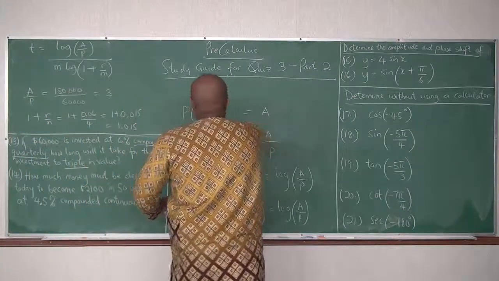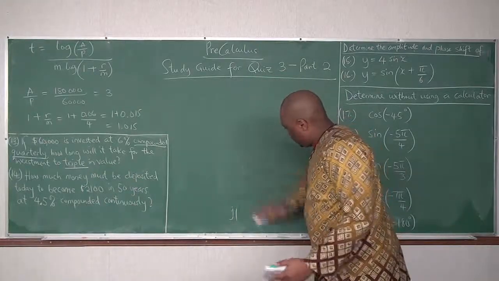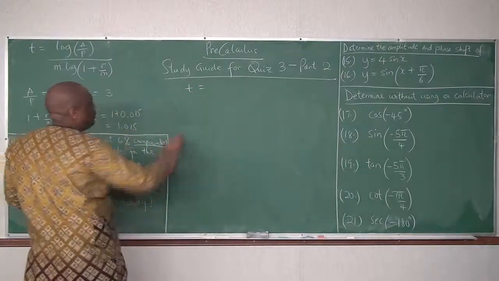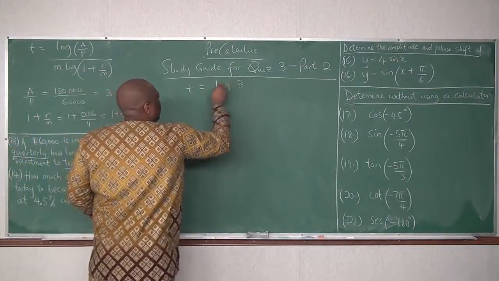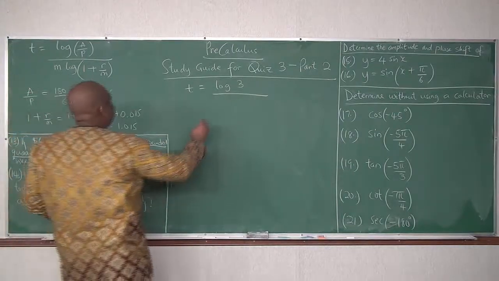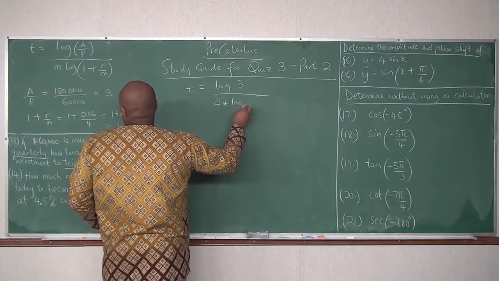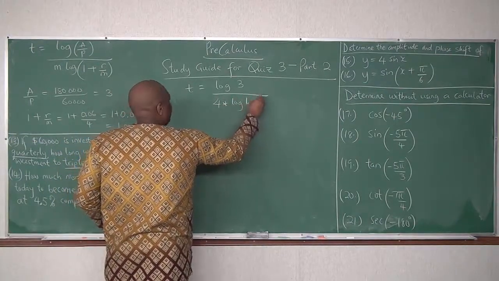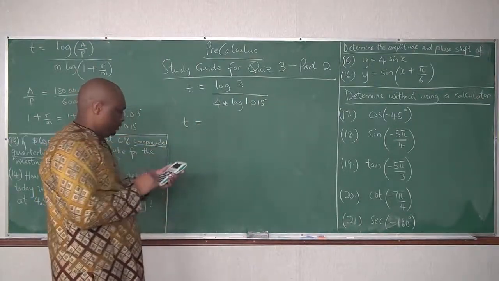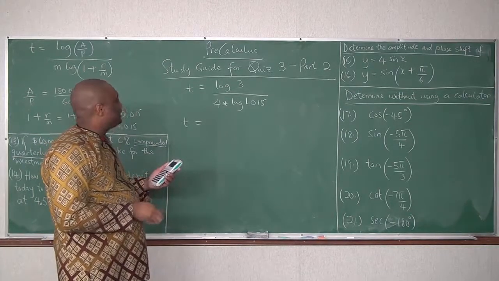All right, folks, let's solve it. We now have that t is equal to log 3 all over 4 times log 1.015. You don't round till the final answer.